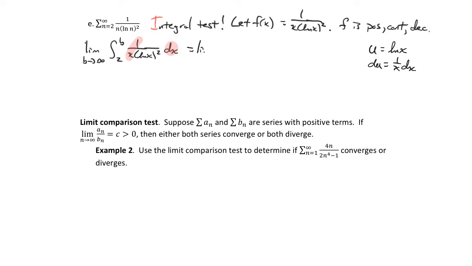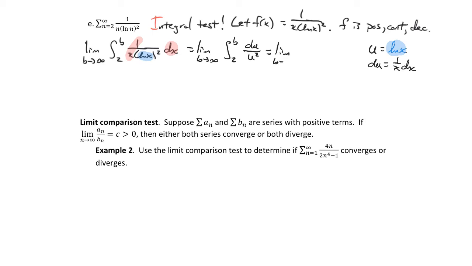Got the limit as b goes to infinity, integral from x equals 2 to x equals b. 1 over x dx becomes du. And then the natural log of x is u. So that's going to be u squared in the denominator, which is the same as u to the negative 2. So let's find the antiderivative.